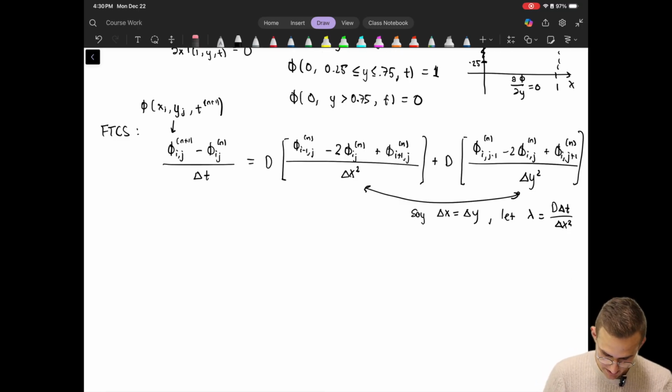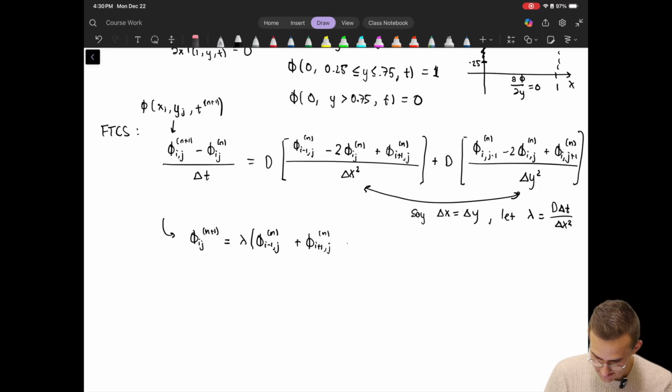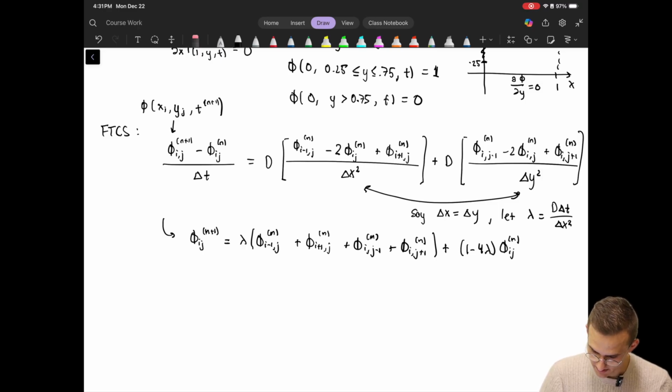Then what we end up with is the following, where phi_{i,j} at time step n+1 is equal to lambda times phi_{i-1,j} at time step n plus phi_{i+1,j} at time step n plus phi_{i,j-1} at time step n plus phi_{i,j+1} at time step n. So that's that whole quantity, plus 1 minus 4 lambda times phi_{i,j} at the previous time step. Okay? And this is true for all the interior points.